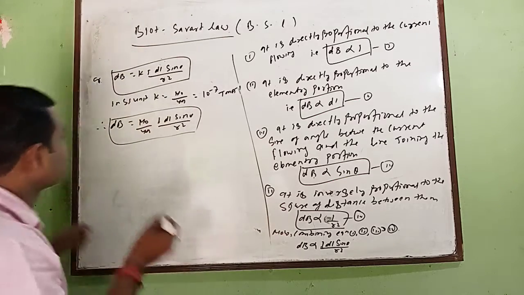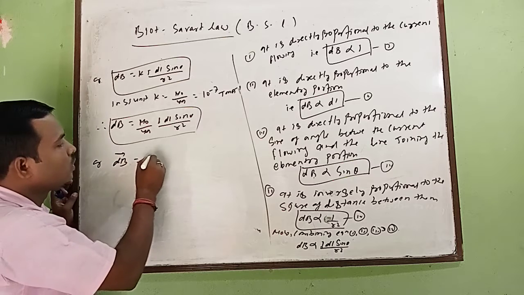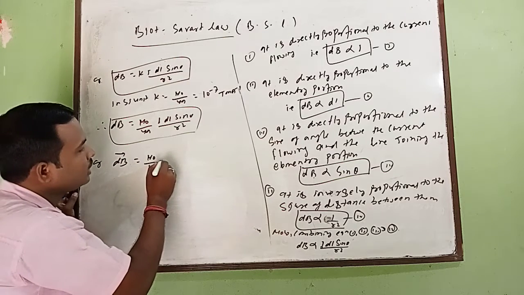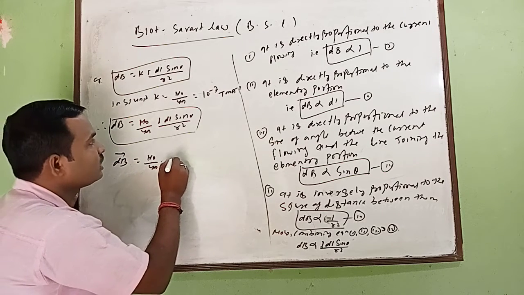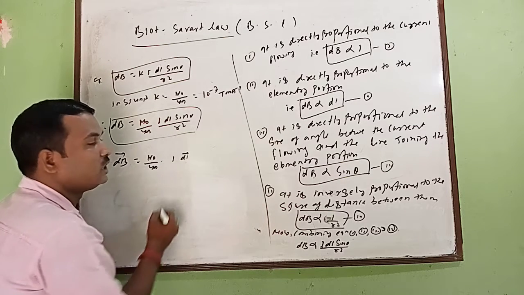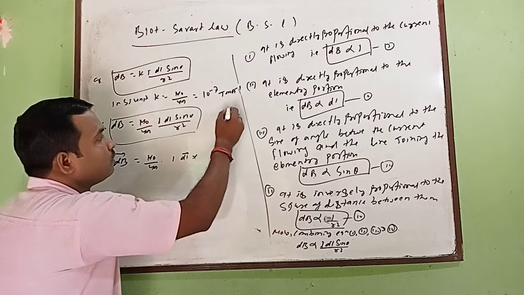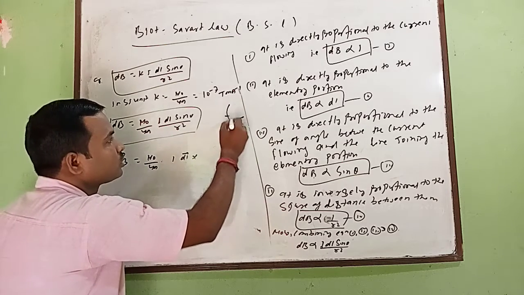Also you can write the vector dB is equal to mu naught by 4 pi into I dl. I dl means you will take the vector sign, which gives the direction of this elementary portion here.